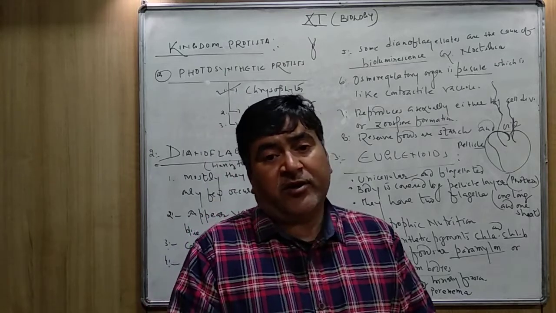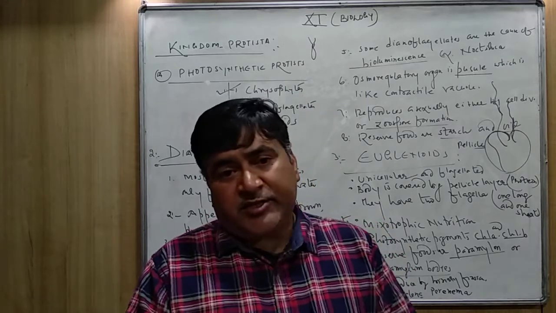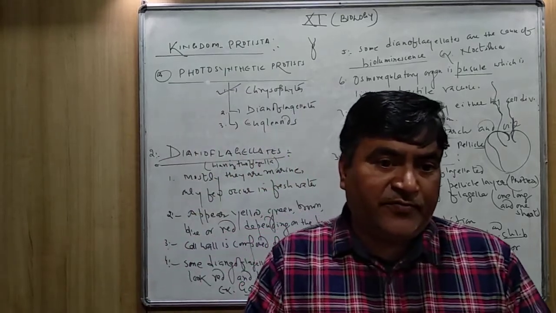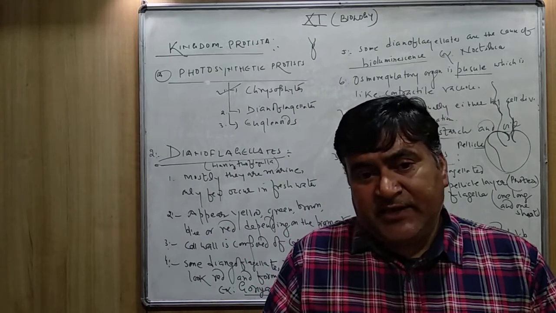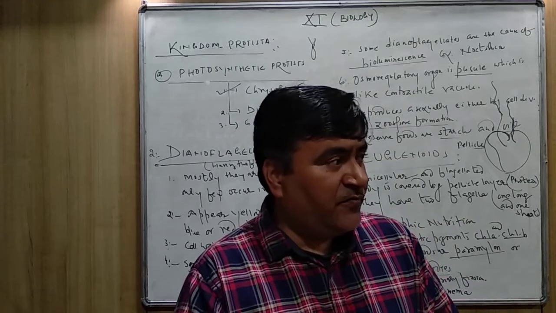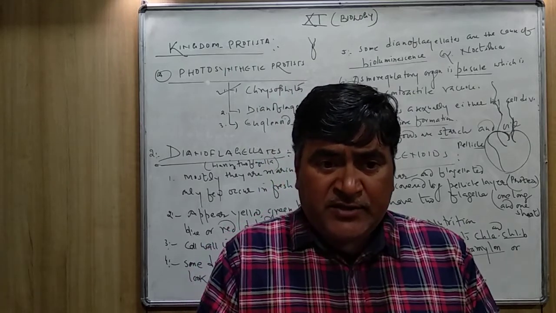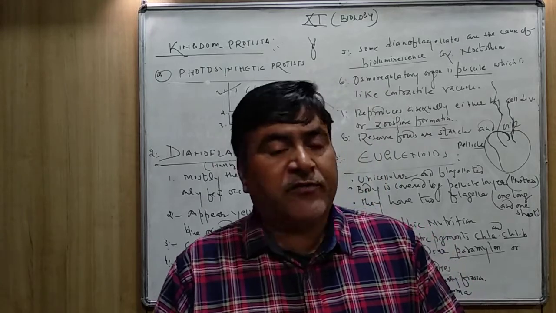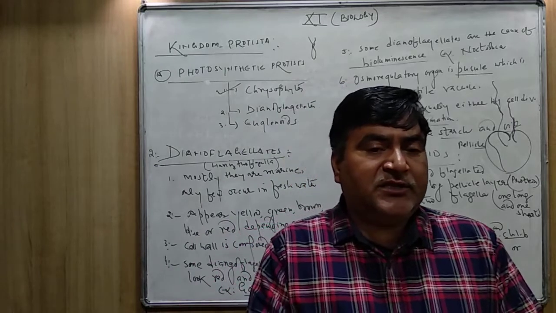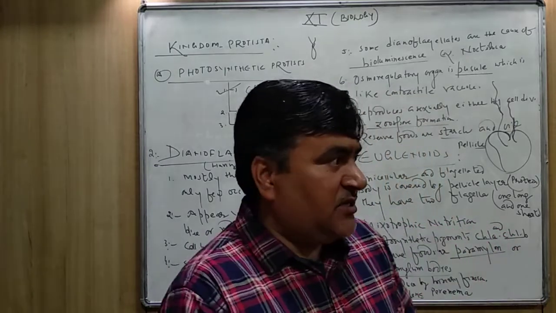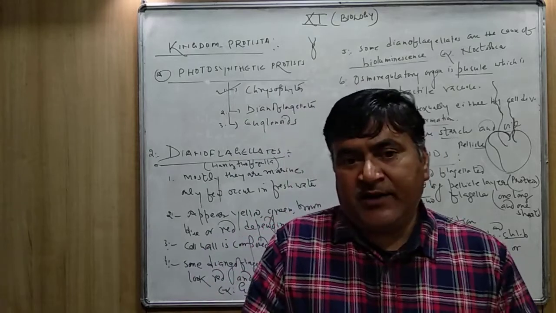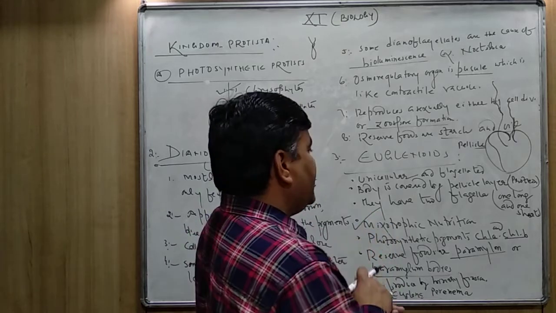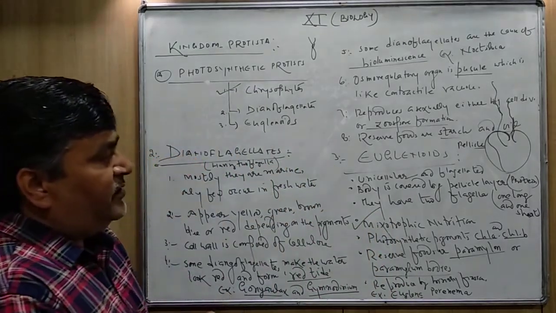But it has been observed that when there is no light, it can take food material from outside also. It indicates that it is doing the heterotrophic mode of nutrition also. So mixotrophic means it performs both autotrophic and heterotrophic modes of nutrition. In the presence of light, it synthesizes its own food. In the absence of light, it takes food from outside. So the special mode of nutrition, that is mixotrophic nutrition, is found in euglenoids.